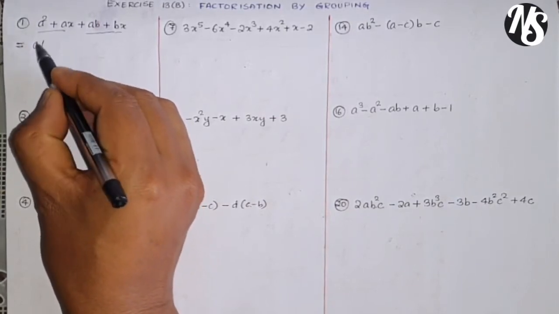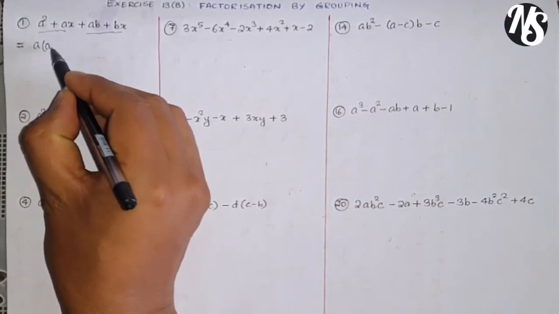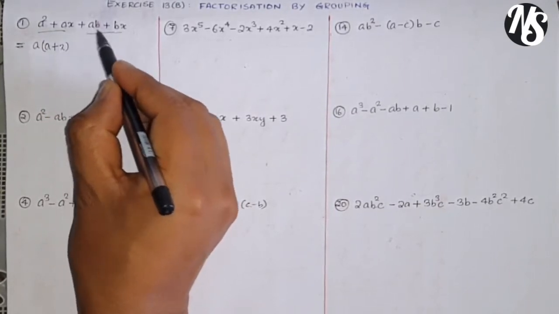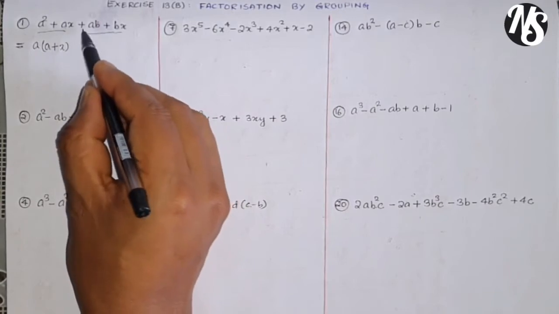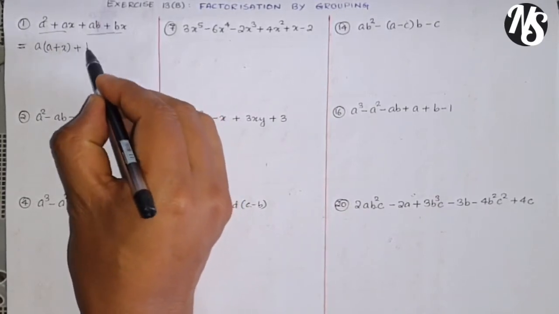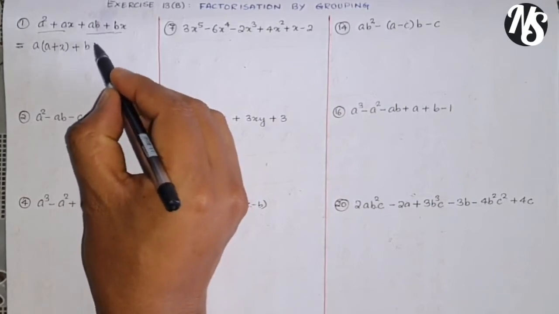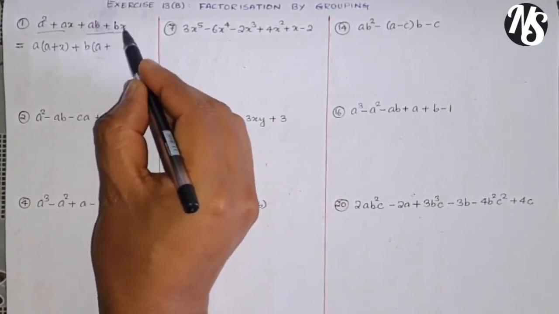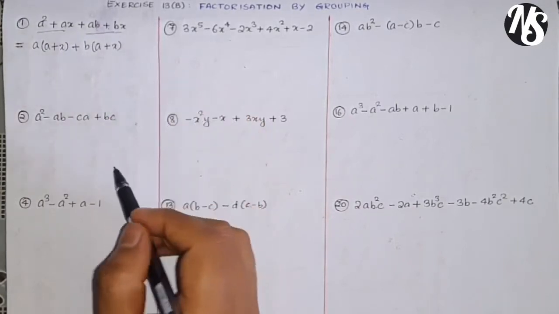So out of 2, 1 is out, so we have only one a, and a is gone, so only x is left. So among these two, so we have plus sign, so among these two common is b, so take b outside, so you have only a left, plus we have b is gone, so only x is left.